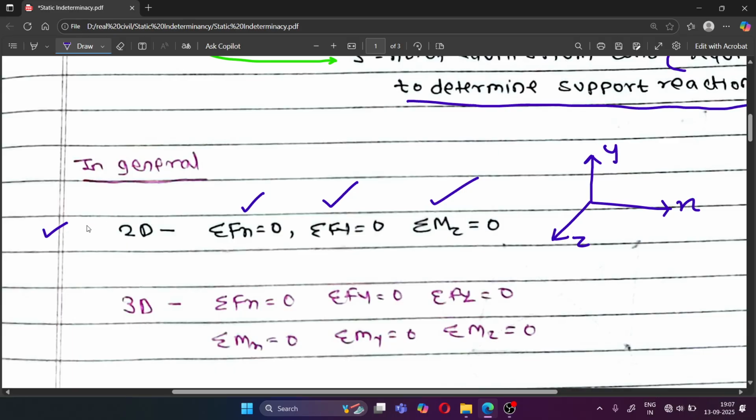For 3D, summation Fx, Fy, and Fz are equal to 0, and summation of moments about x, y, and z is equal to 0. That means in a 3D structure there are six conditions of equilibrium.